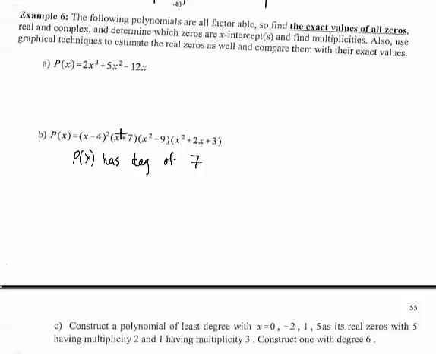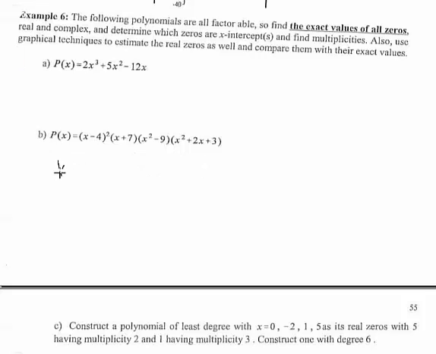So 2, 4, 5, 6, 7, 8. Okay, let me recount that. Maybe that's 8. 2, 3, 4, 5, 6, 7. Yeah, 7. I don't know how I miscounted that. But p of x has a degree of 7. That would be very difficult to factor, if at all possible. But we have the factors already worked out for us.